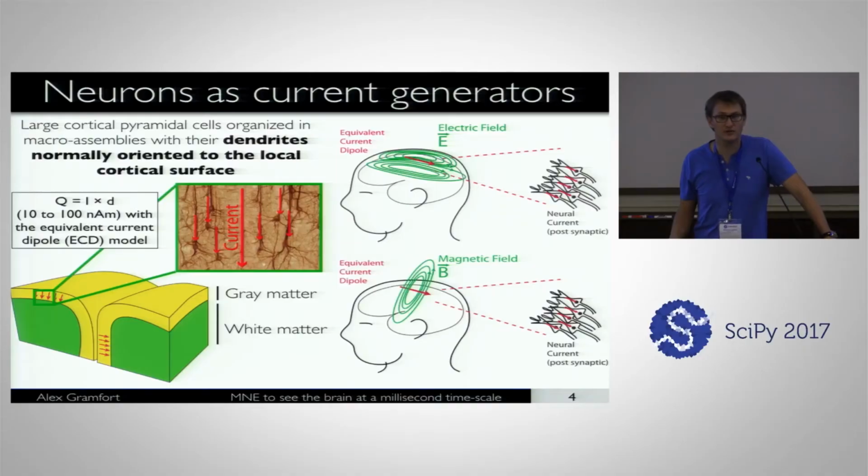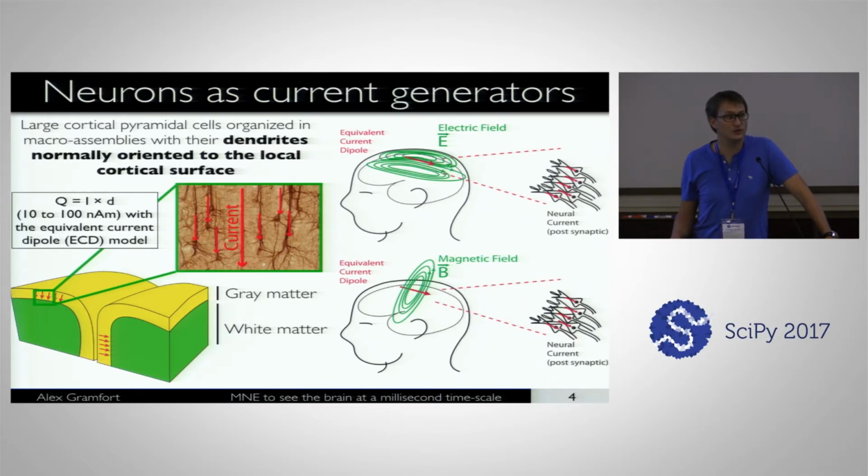Okay, so let's start really quickly: what are neural time series? Roughly speaking, when your neurons are active, you have ions, so electric charges, that move somewhere on the dendrites or on the axons and different places in your brain. And when you have electric charges that move, they create electromagnetic fields that you can, in the end, measure.